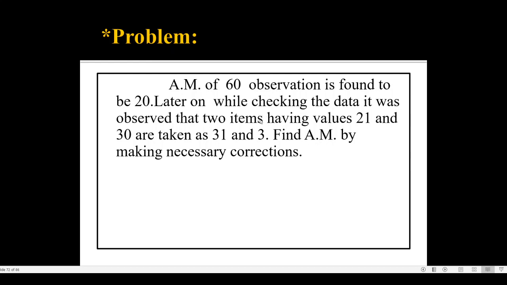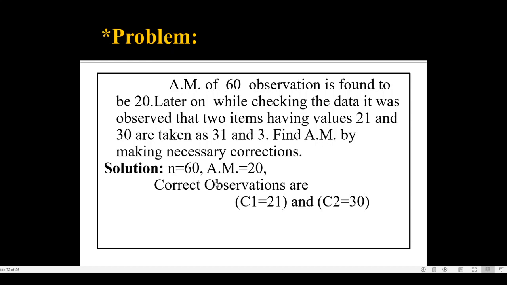That means here the correct observations are 21 and 30 and the wrong observations are 31 and 3. Here we have to find the correct arithmetic mean.